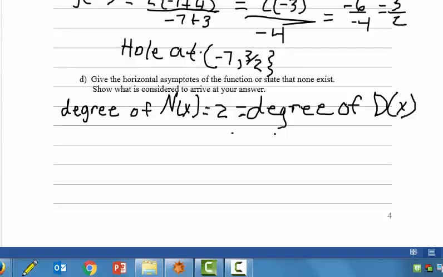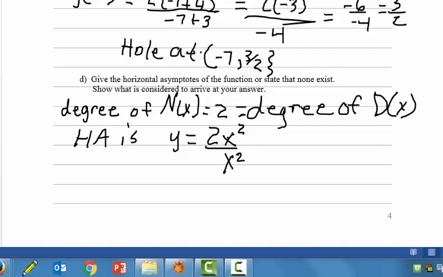So whenever the numerator and denominator have the same degree, the horizontal asymptote is y equals the leading term of the numerator over the leading term of the denominator.